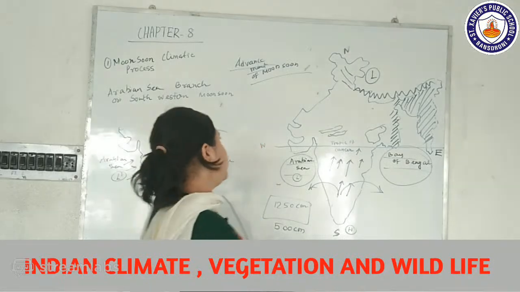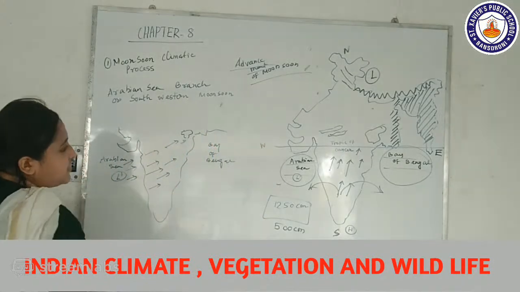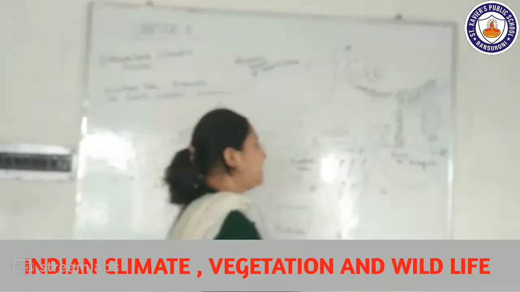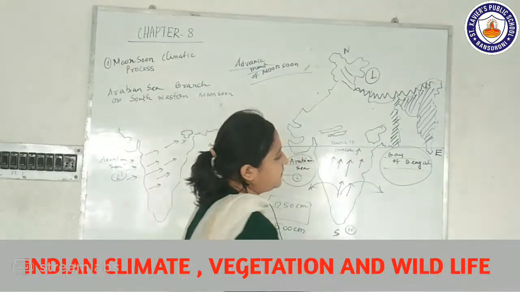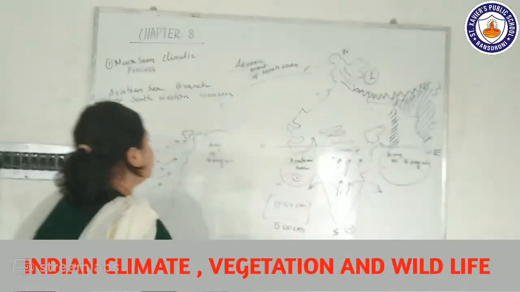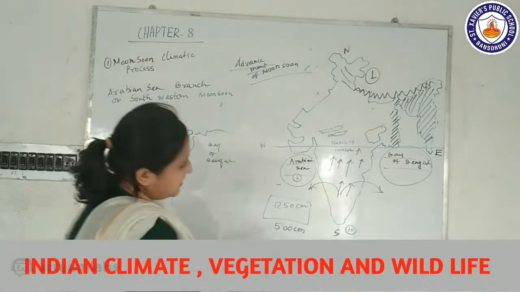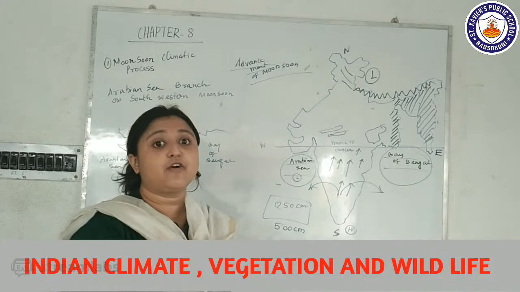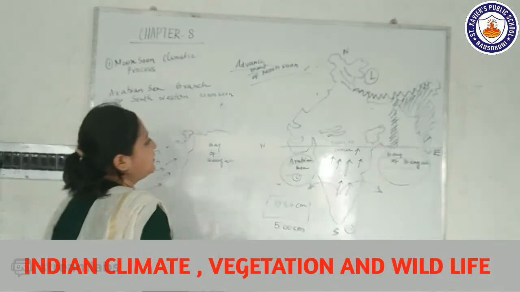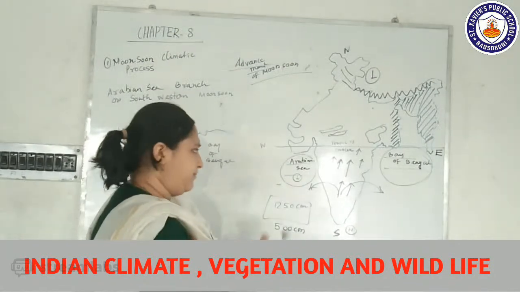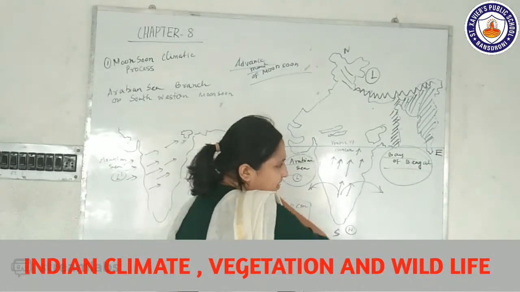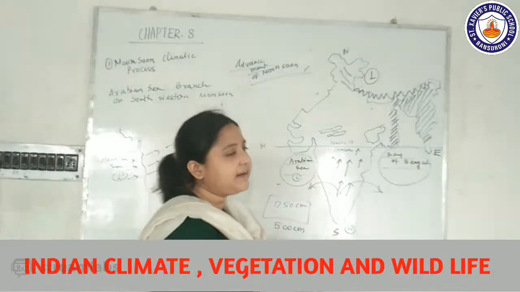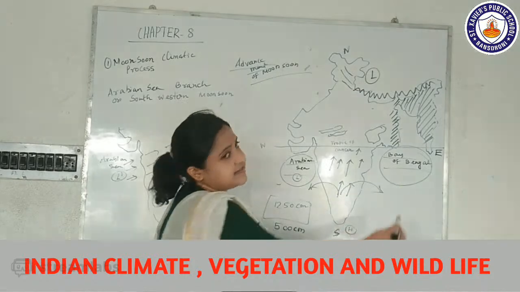We know that the presence of the sea determines the climatic condition of a particular place, because where the sea is situated, the climatic features of the area are of a continental type of climate, right. So that part receives moderate rainfall, and it is a continental type of climate because of the presence of the sea.